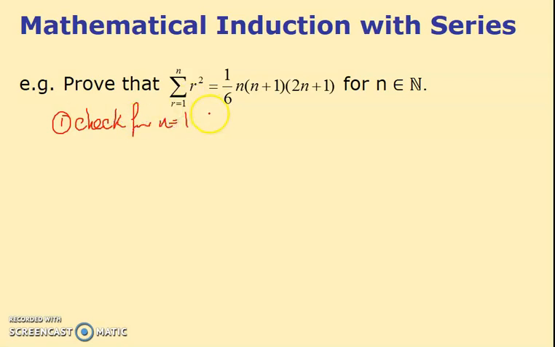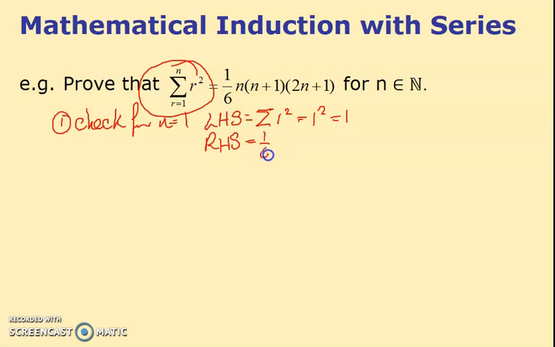And when n is 1, the left hand side, i.e. this bit, is the sum of all the terms up to 1 squared, which is just 1 squared, which is 1. And the right hand side, basically I put n equal to 1 into this, and I get a sixth of 1 times 2 times, well this is 2 times 1 is 2 plus 1 is 3. That makes 6. A sixth of 6 is 1, so therefore it's true for n equals 1.